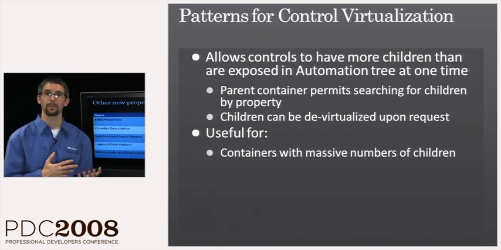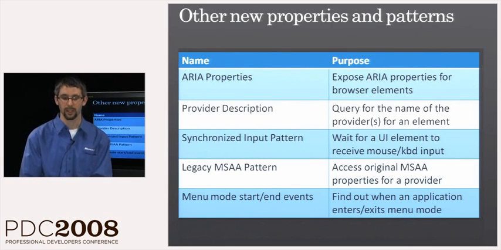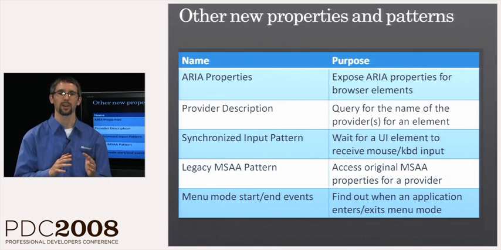Some of the other new properties and patterns I'll touch on a little more briefly. We have a set of ARIA properties. If you're not familiar with ARIA, it's a spec for accessibility in live web apps like AJAX applications. AJAX apps can annotate their markup with ARIA properties to say what their accessibility should be.